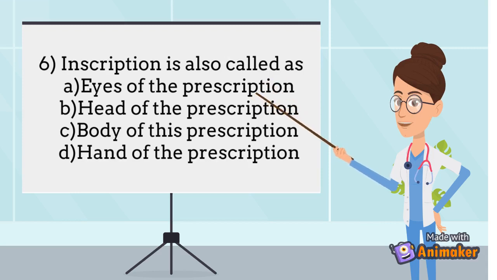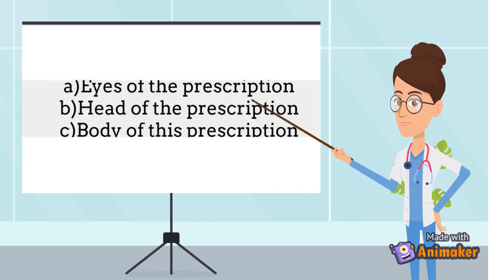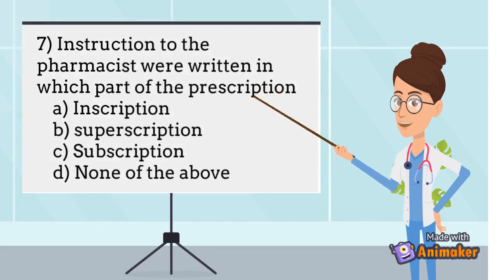Inscription is also called as A. Eyes of the prescription. B. Head of prescription. C. Body of the prescription. D. Hand of the prescription. Instructions to the pharmacist are written in which part of the prescription? A. Inscription. B. Superscription.